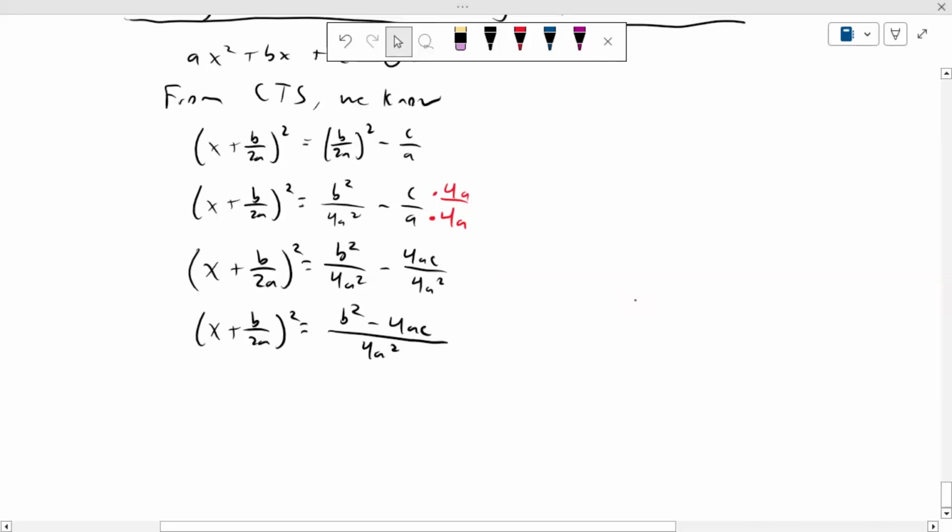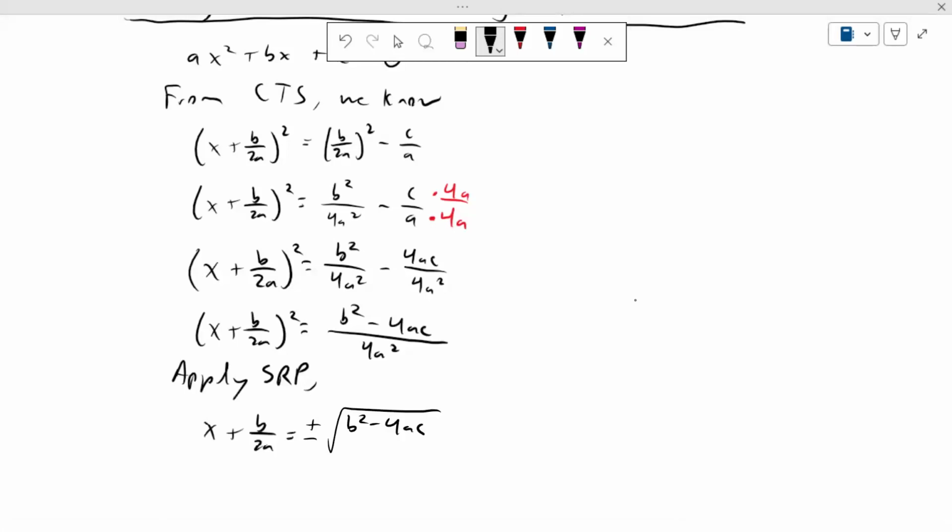Now we apply the square root property, which tells us that x plus b over 2a, if we take the square root on both sides, will be equal to either plus or minus the square root of b squared minus 4ac over 4a squared.